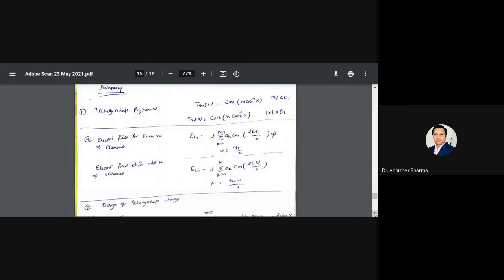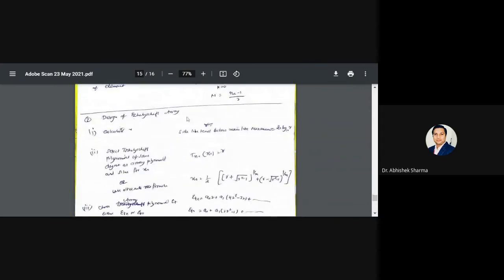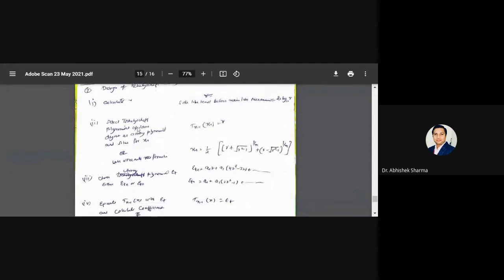Then third step is to design the Chebyshev array. For design, we have to first calculate R. Then we have to select the Chebyshev polynomial of same degree as array polynomial, and we have to solve it for x naught, or alternatively we can use the value of R to find out x naught over here.